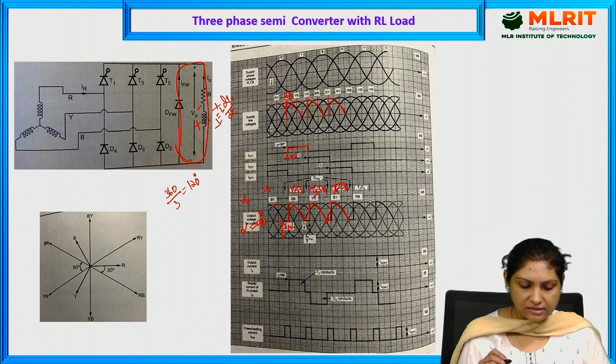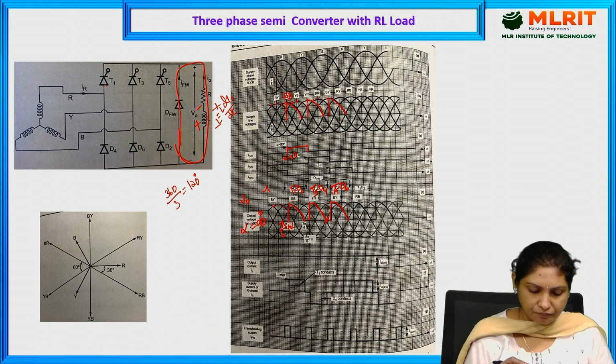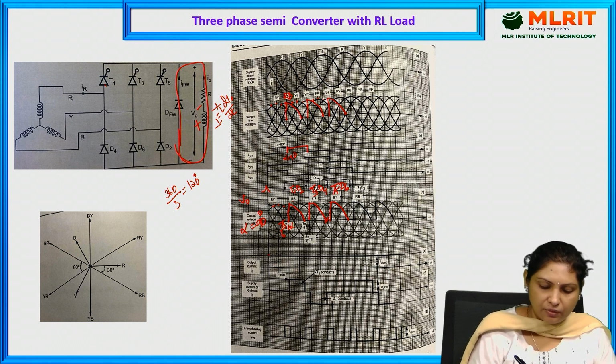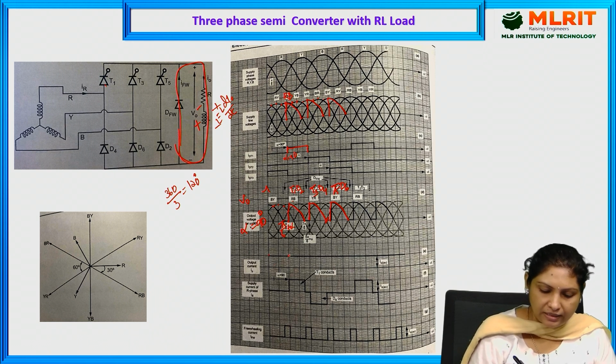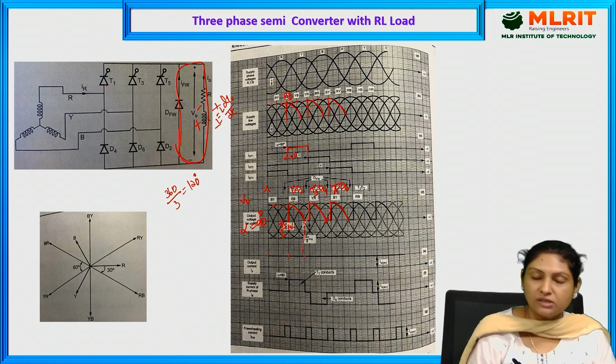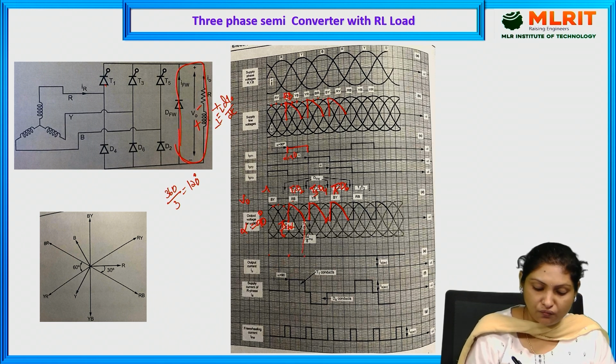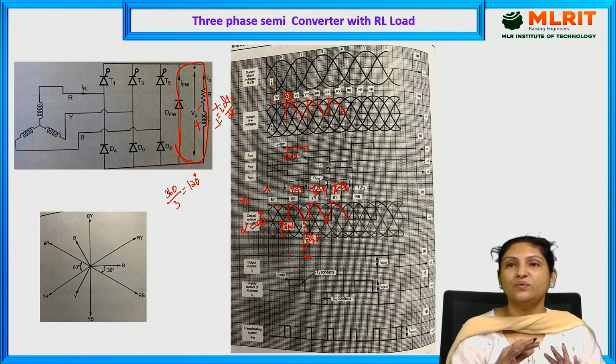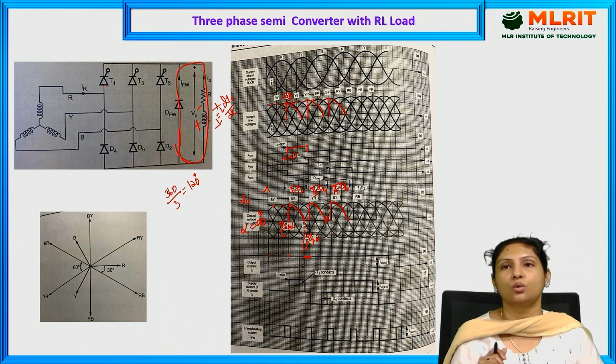So here, from RB phase it is conducting from pi by 6 plus alpha to 7 pi by 6, and from this instant, 7 pi by 6 to 5 pi by 6 plus alpha, the output current is continuous. It is because of this inductor, which is feeding energy back to the load.